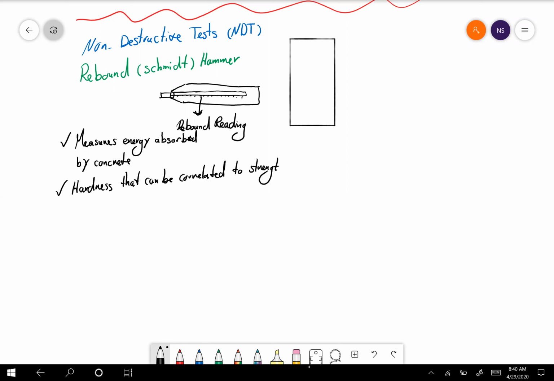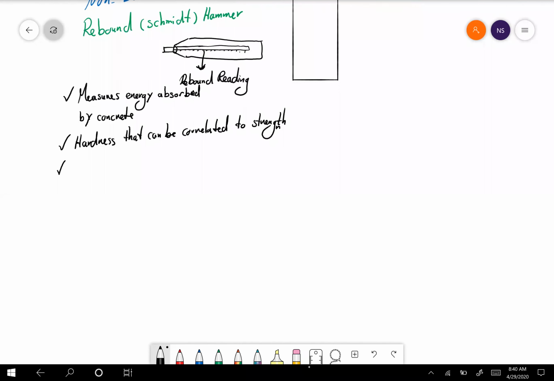So hardness is not necessarily a strength, but it can be correlated to strengths. This is an approximate test, it's not accurate and not precise, and usually requires 10 to 12 readings in one area.